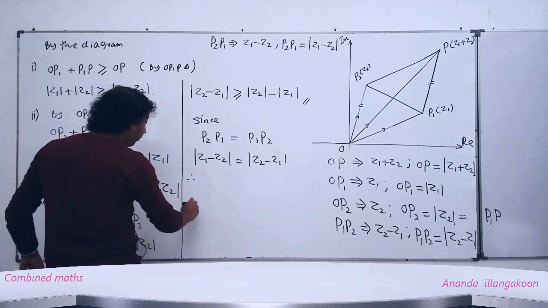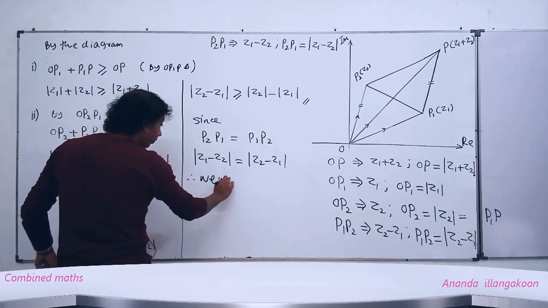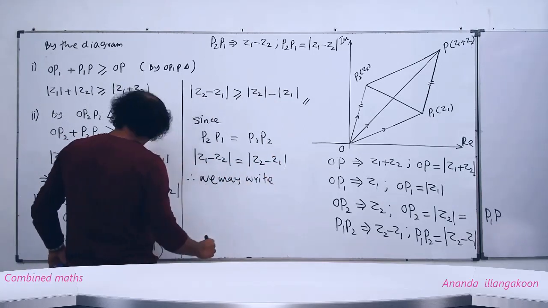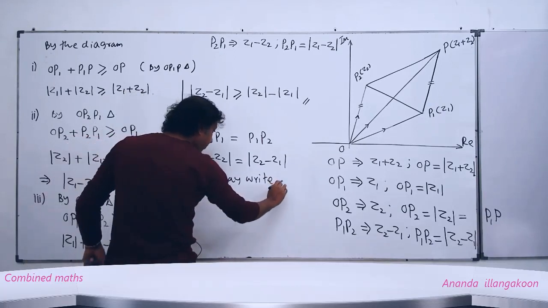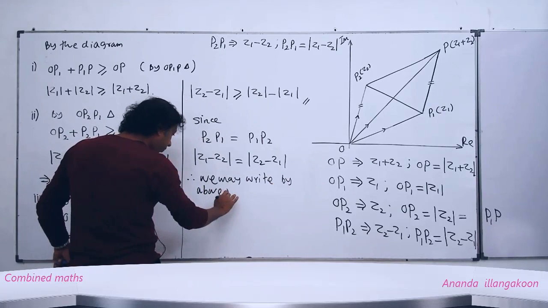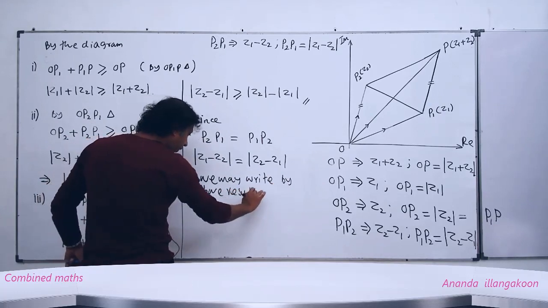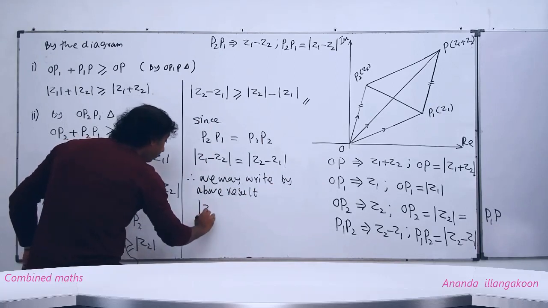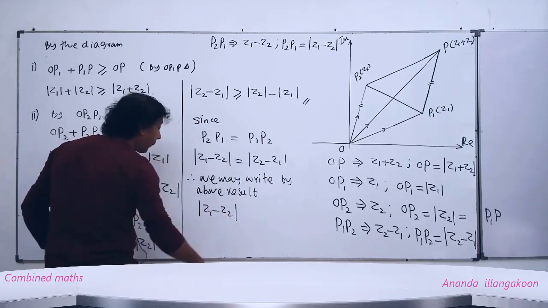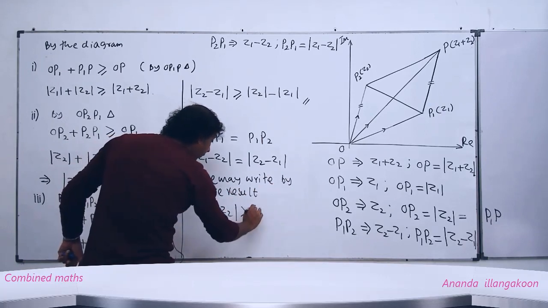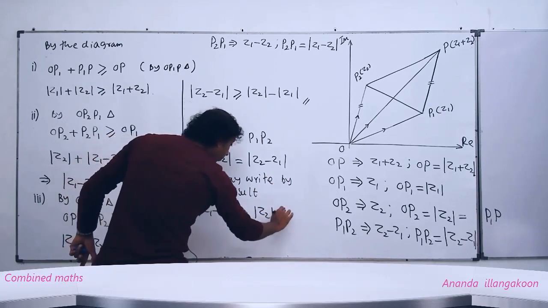Therefore, we may write by 3, by the above result. But people, this one I can write mod Z1 minus Z2 greater than or equal to mod Z2 minus mod Z1.